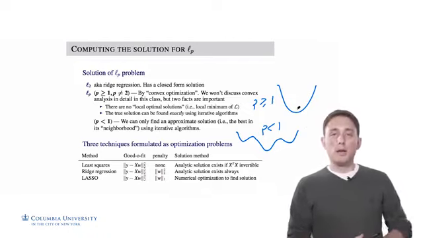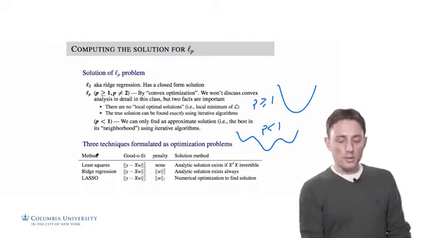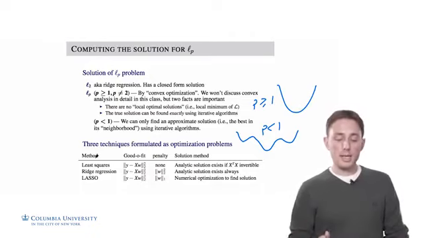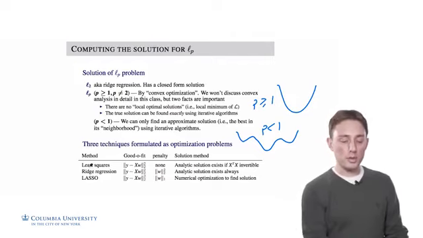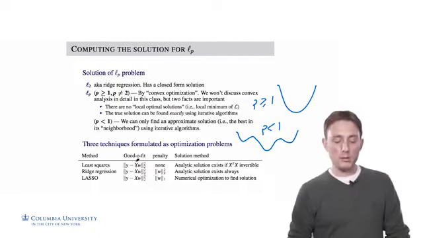So to sum up LP regularized linear regression, we've now discussed 3 techniques that can be formulated as optimization problems. We've discussed least squares, where we had a goodness of fit term equal to the sum of squared errors, and no penalty.